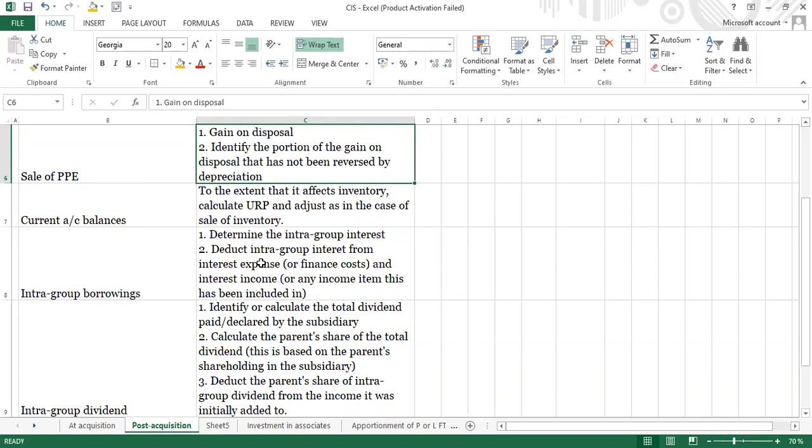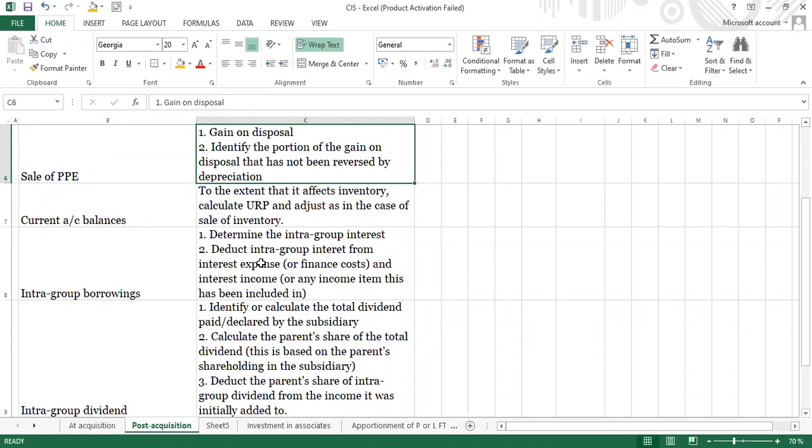Yes, I get it. But during the post-acquisition period, the transaction is between the parent and the subsidiary. Because the parent and the subsidiary are now in the same group. But is it even run by a different person or the same group? No, at the initial stage, it was different people that were running the subsidiary.